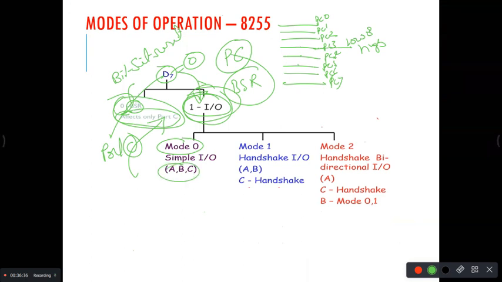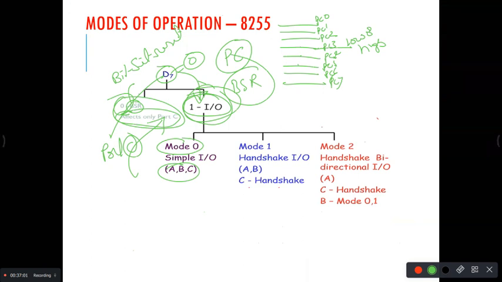All port A, port B, port C can be used in simple IO mode. What is the meaning of simple IO mode? You put the data, get the data. No handshake. That's what mode 0 is, and that's what you're going to use now in different examples.